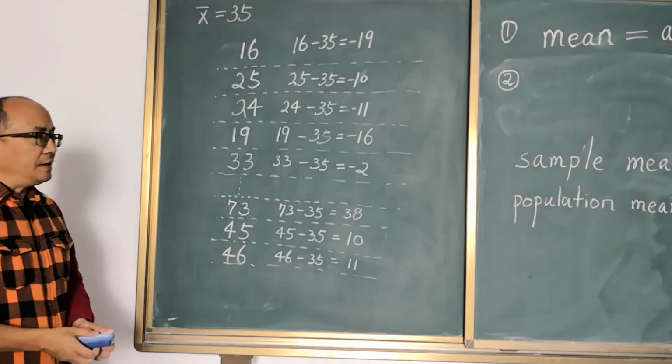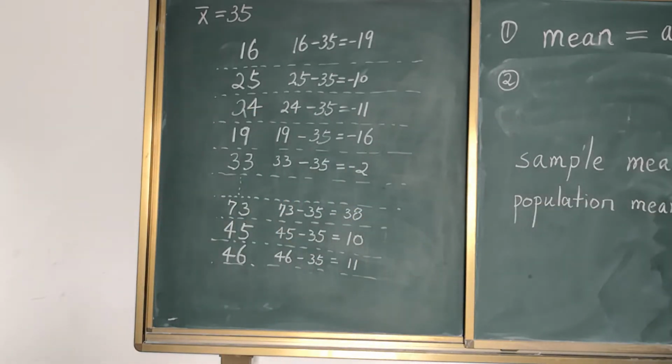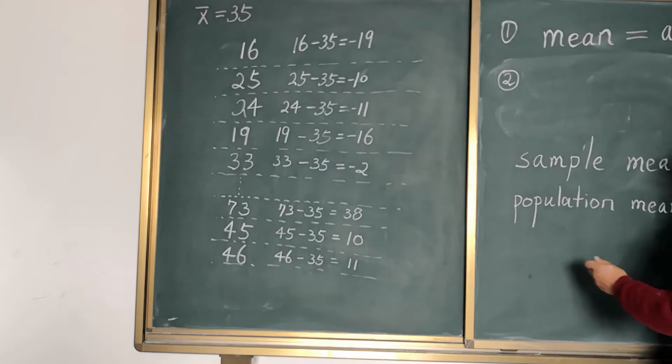So we are trying to use a mathematical number to show the two superstars are different. Some are negative, below the average. Some are positive, above.